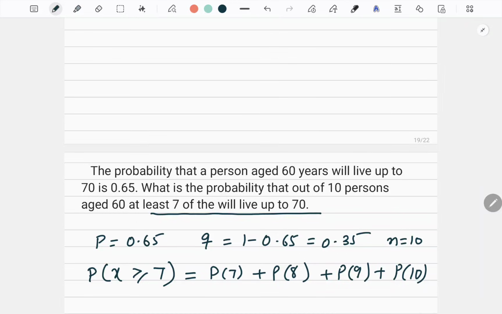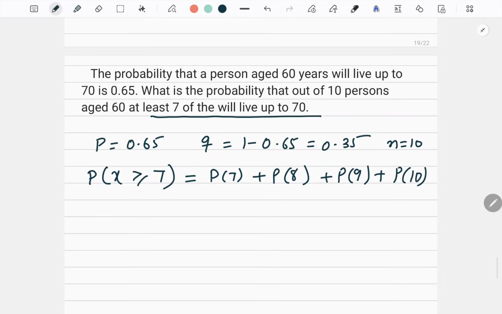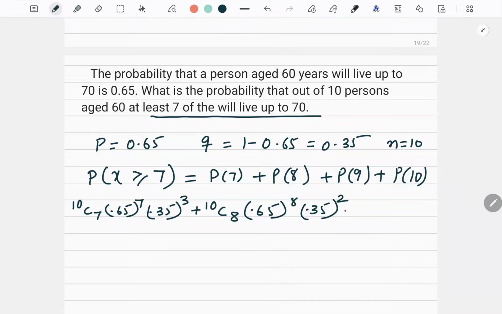Okay, so now let us put the values here. P of 7 means 10C7, P to the power 7 and Q to the power 3, plus 10C8, P to the power 8 and Q to the power 2, plus 10C9, 0.65 to the power 9 and 0.35, plus 10C10, 0.65 to the power 10 and 0.35 to the power 0.